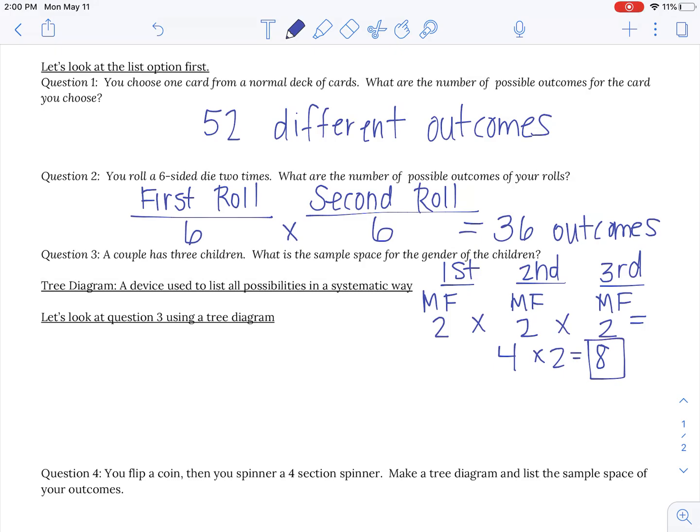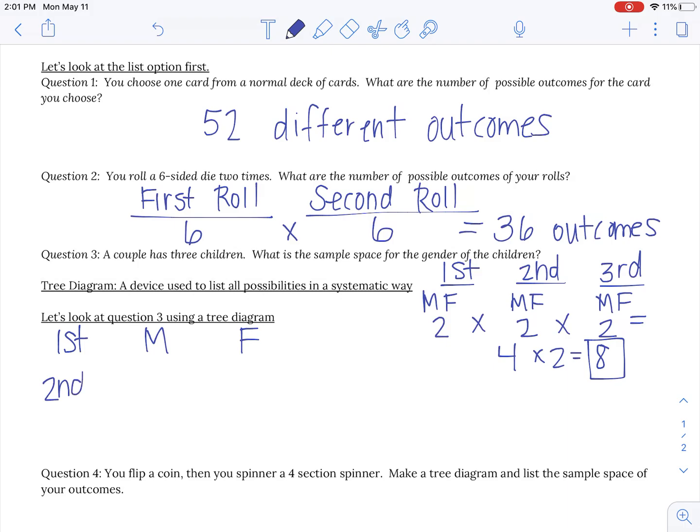So we're going to list all possibilities in a more systematic way, and we call this a tree diagram. We're going to use question 3 and use a tree diagram to list this out. I'm going to say the first child can either be a male or a female. Then I'm going to move down in my tree diagram and add what we'd call leaves to the tree.